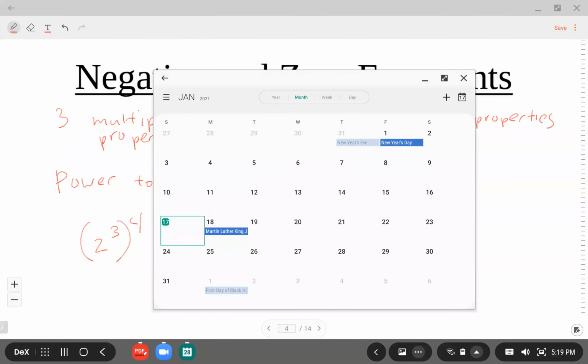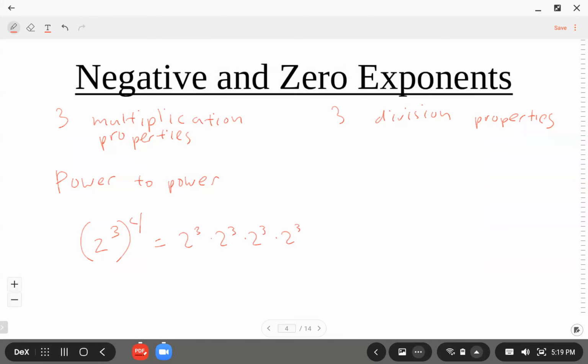And what do you do when we have these multiplications? The multiplication property, that first one that I just told you, comes in handy. So you multiply these exponents, and you just add these exponents, because they have the same base. So that's going to be equal to 2 to the 12th power.